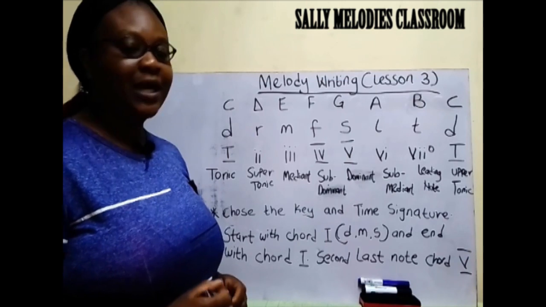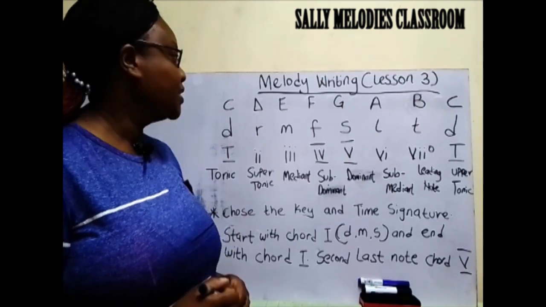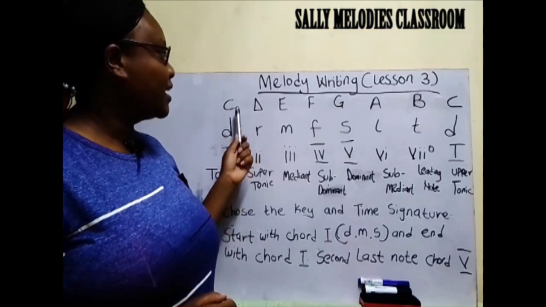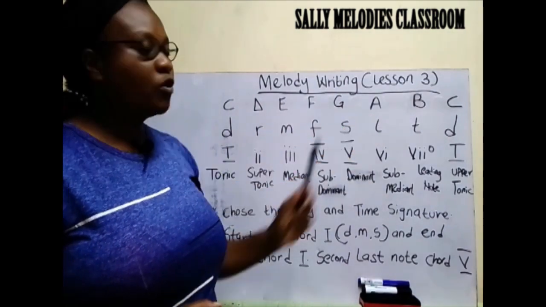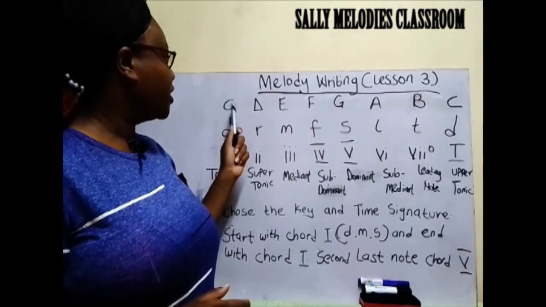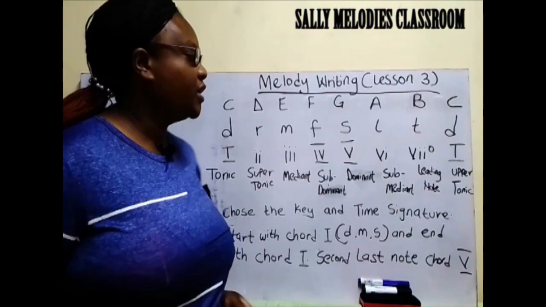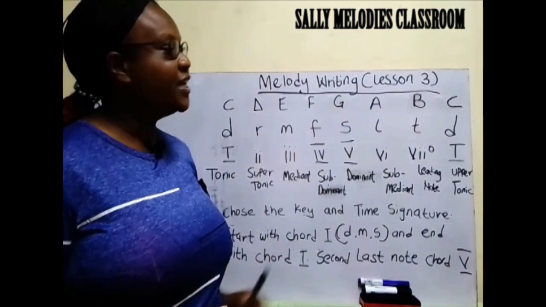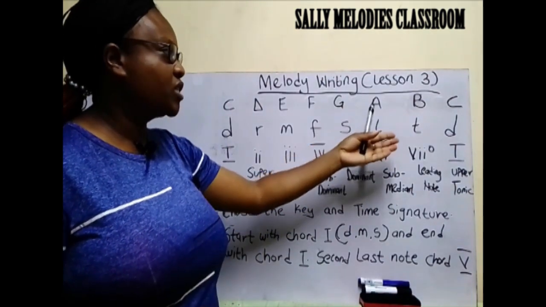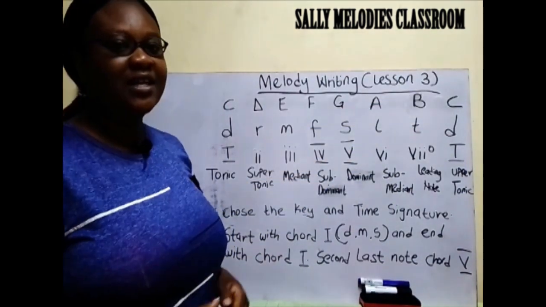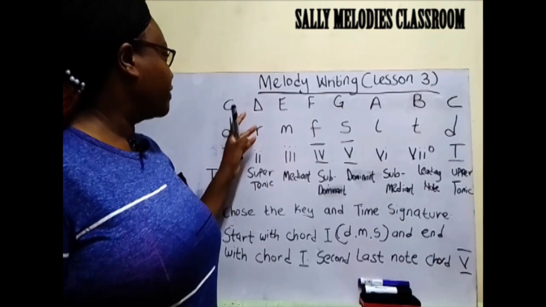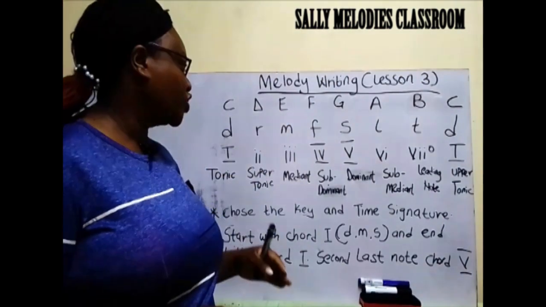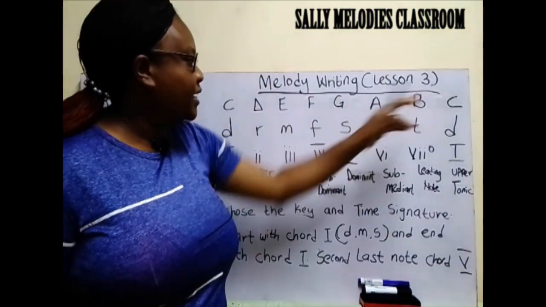If you can recall what we said, a scale is a sequence of notes from the tonic to the last one here, which is an upper tonic. It has 8 notes, or rather 7 notes, because the 8th one is a repetition of the first one but on a higher pitch. These are letter names.